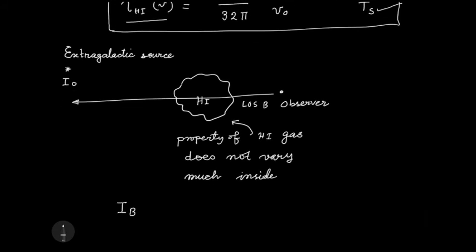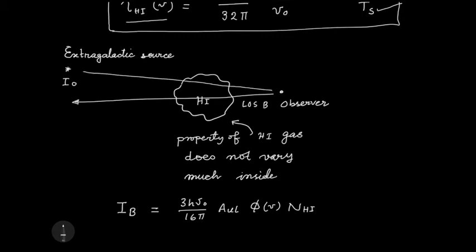Then obviously there is no background radiation. All the radiation is coming from the gas itself. So I_B is essentially 3h nu naught by 16 pi, A_UL, phi nu, and then N_H1.